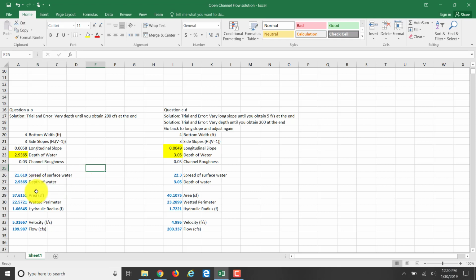Now if I'm looking at the area, I'm going to have 1/2, and I've got A20, which is now going to be the bottom width, and I have A26, which is the spread of the water.